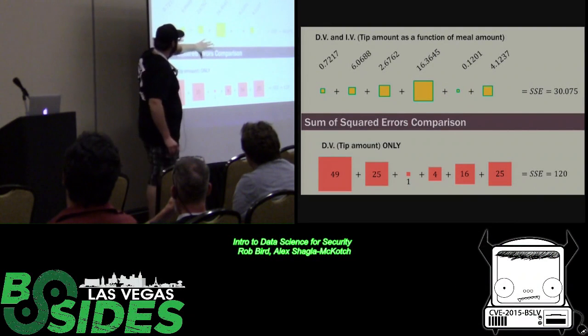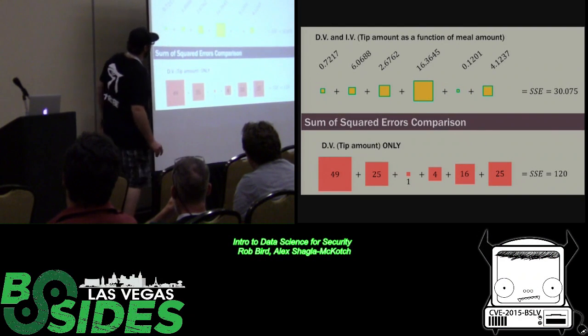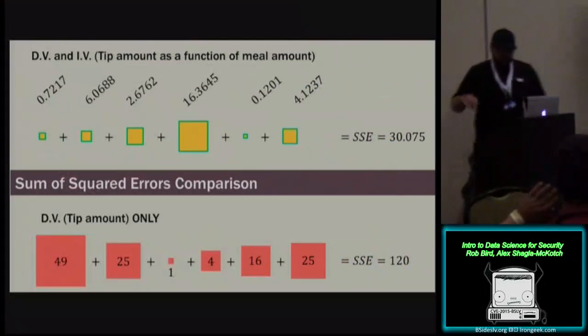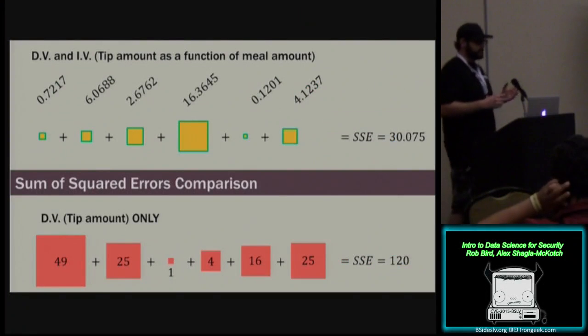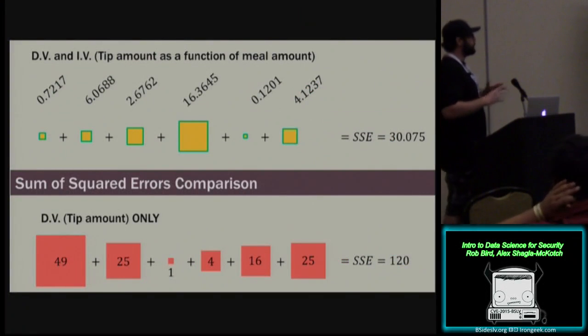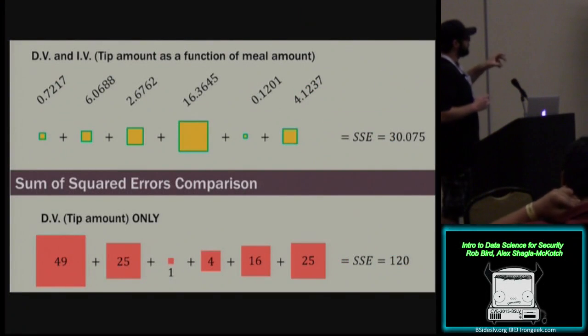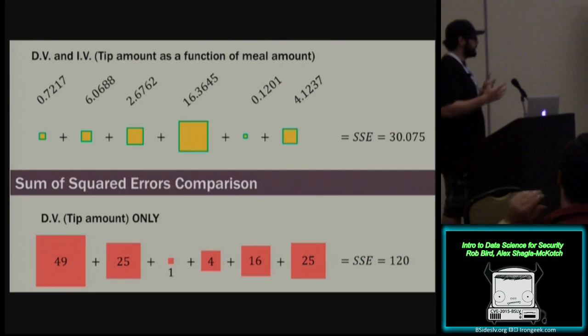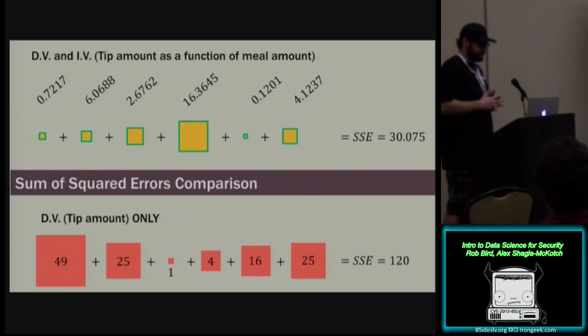If we subtract those, we get like 80 and then some, 90 in some decimal places. That will tell us how good our data model is. So you want to take both those points of reference, find the error, and then subtract those. That gives us the sum of squared errors comparison, basically, which is the SSE value there.